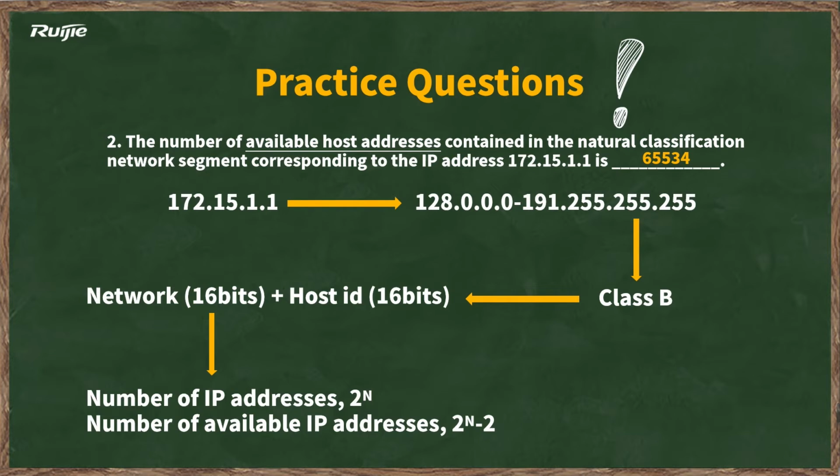These two IP addresses cannot be used for devices. Now we know the host ID is 16 bits, so the result is 2 to the power of 16 minus 2, which is 65534. So this is the calculation.